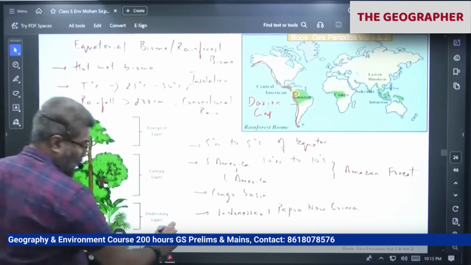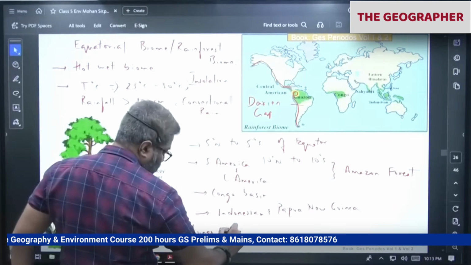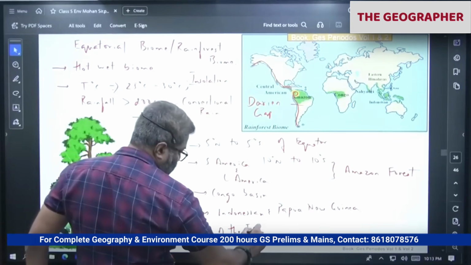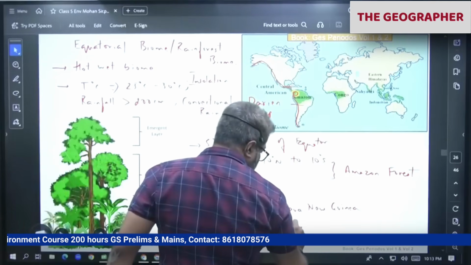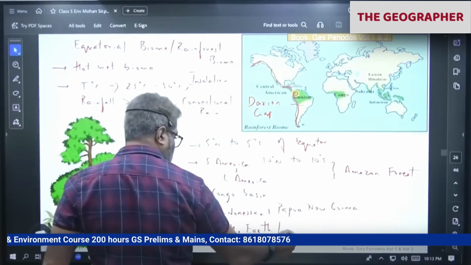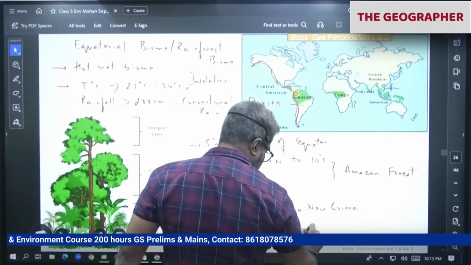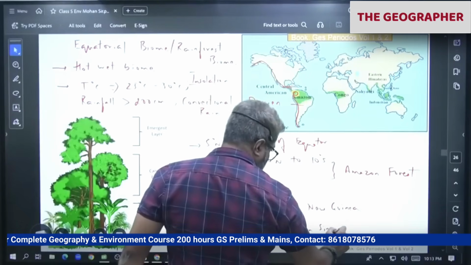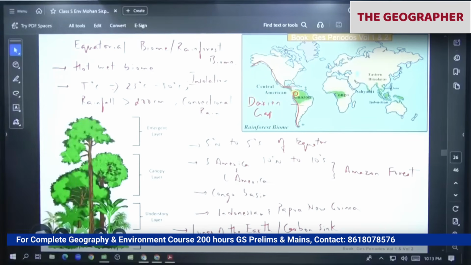Already I told you these are lungs of the earth, a carbon sink. So remember this situation, okay? We have one of the largest rainforests on earth here.